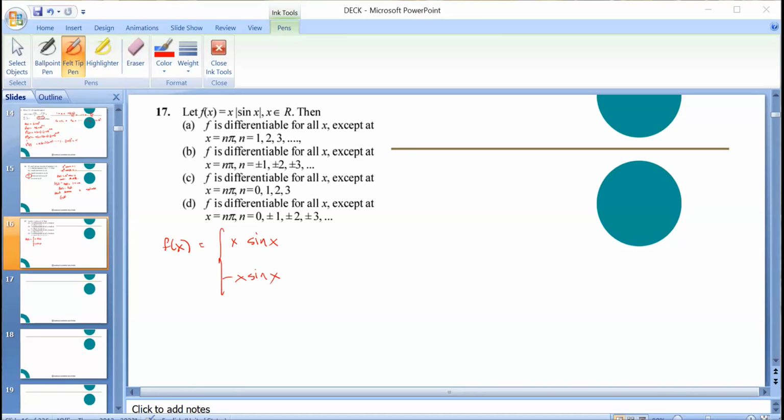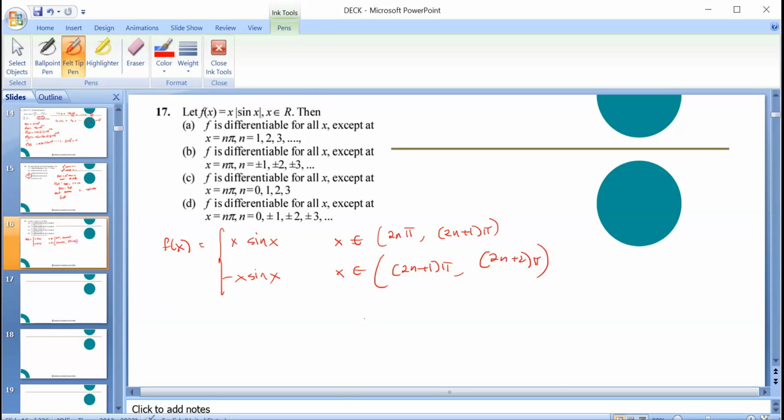When it is positive, when it is in first and second quadrant, that means it should be between 2n pi and 2n plus 1 pi. When it is negative, when it is in the third and fourth quadrant, that means it should be in between 2n plus 1 pi and 2n plus 2 pi.